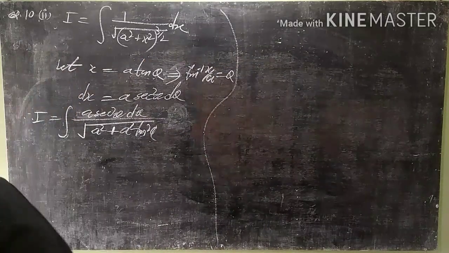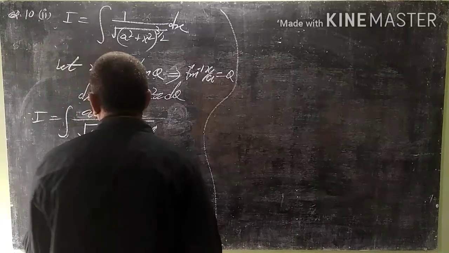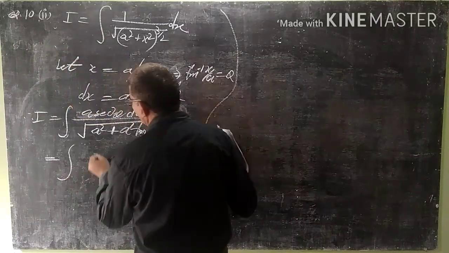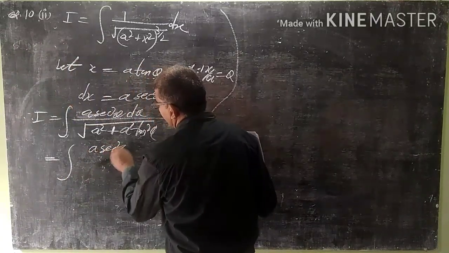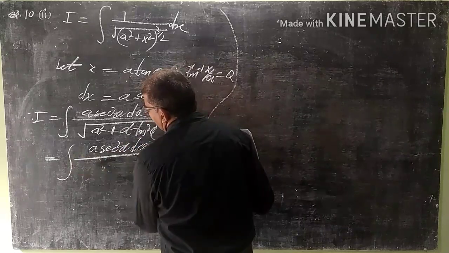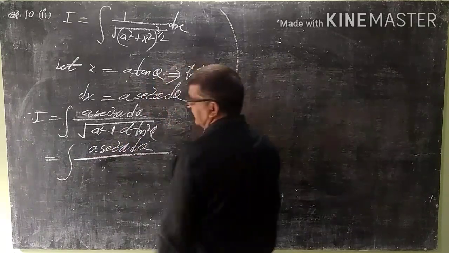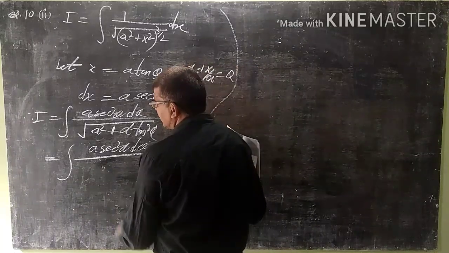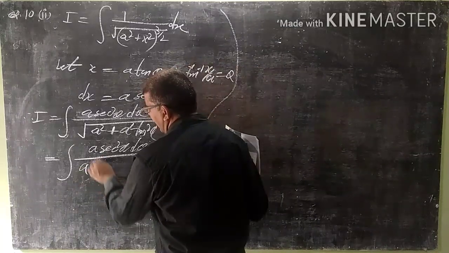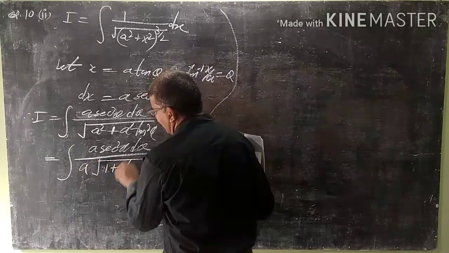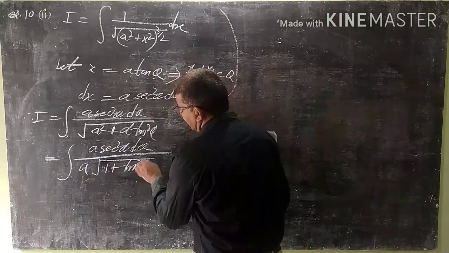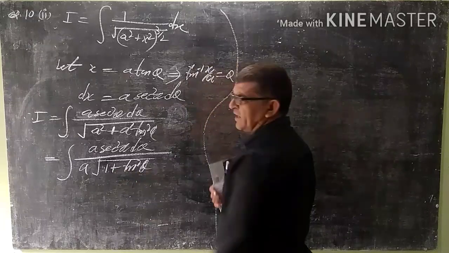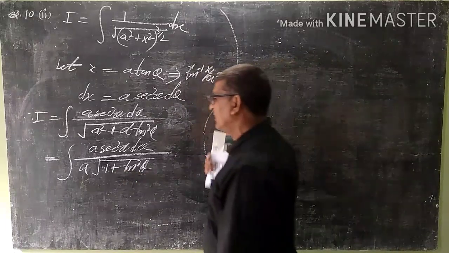Now next, it is equal to a sec square theta d theta upon, take common a square outside under root, it will become a, and here 1 plus tan square theta, and this will become sec square theta.